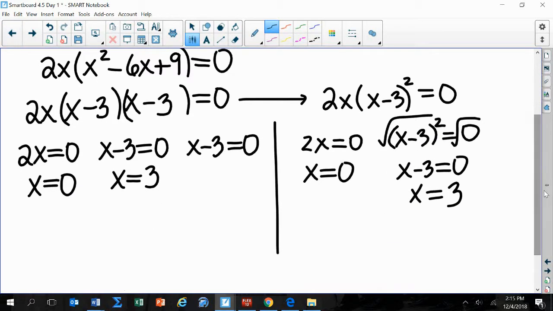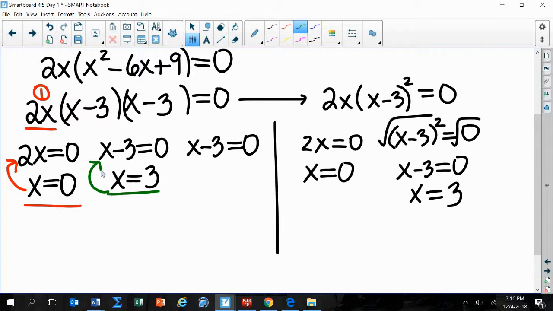Okay, let me go look back. We start with our answer. Here our answer was x equals 0, and I look back at the factor that gave me that answer. How many times did 2x appear? See how 2x just appeared one time? What factor gave me the answer 3? The factor was x minus 3.